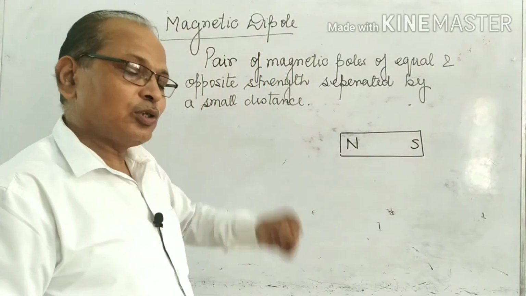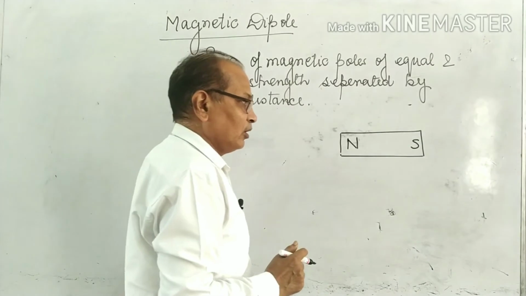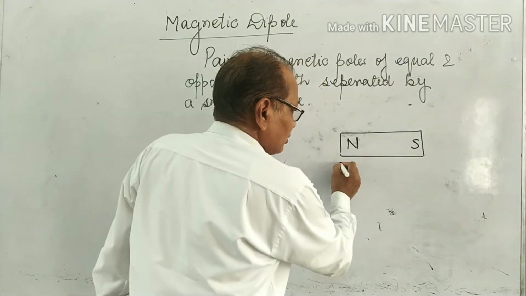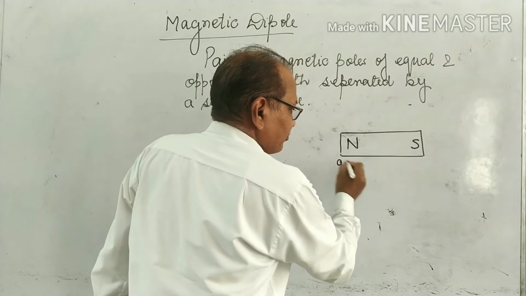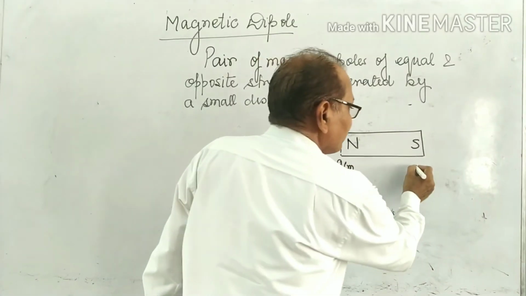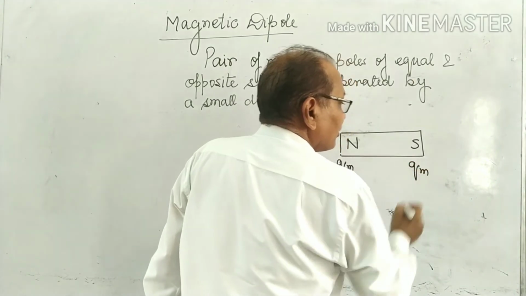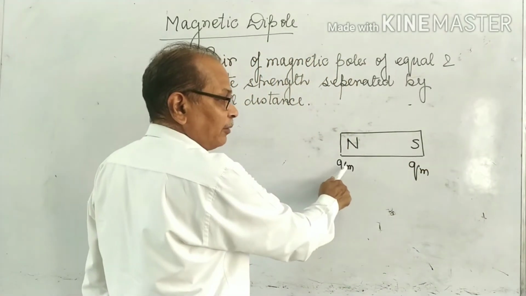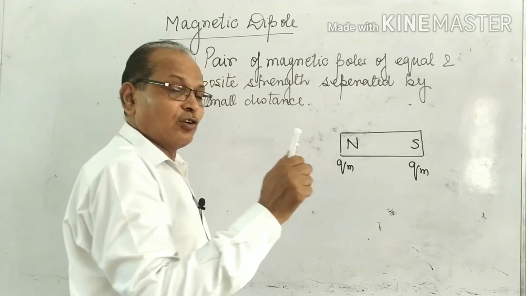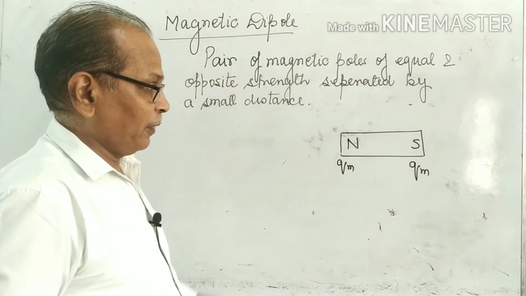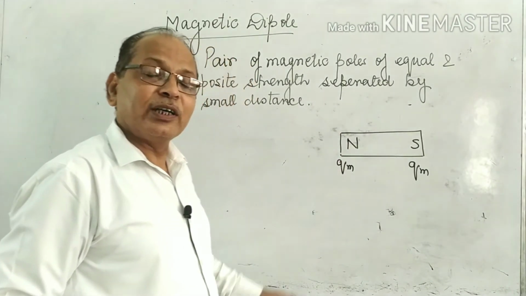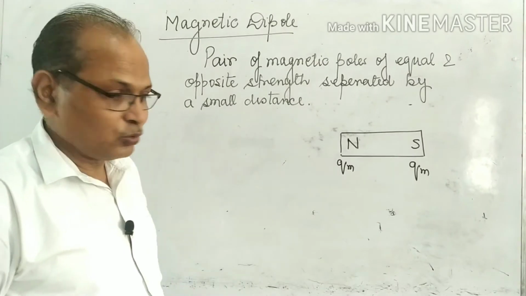Now these two poles have pole strength Qm, and the same pole strength Qm is of south also. Qm means the strength of the magnetic pole. The polarity is different, one is north, another is south.